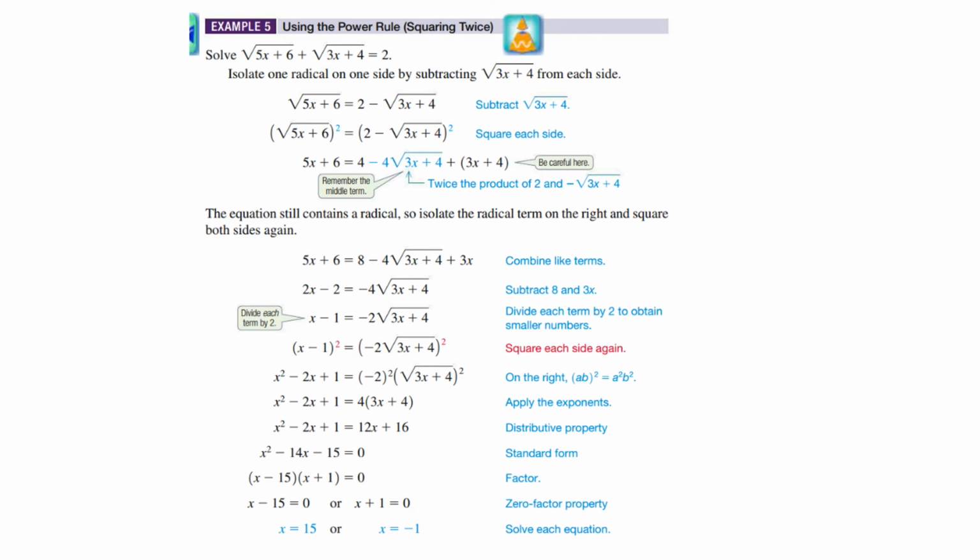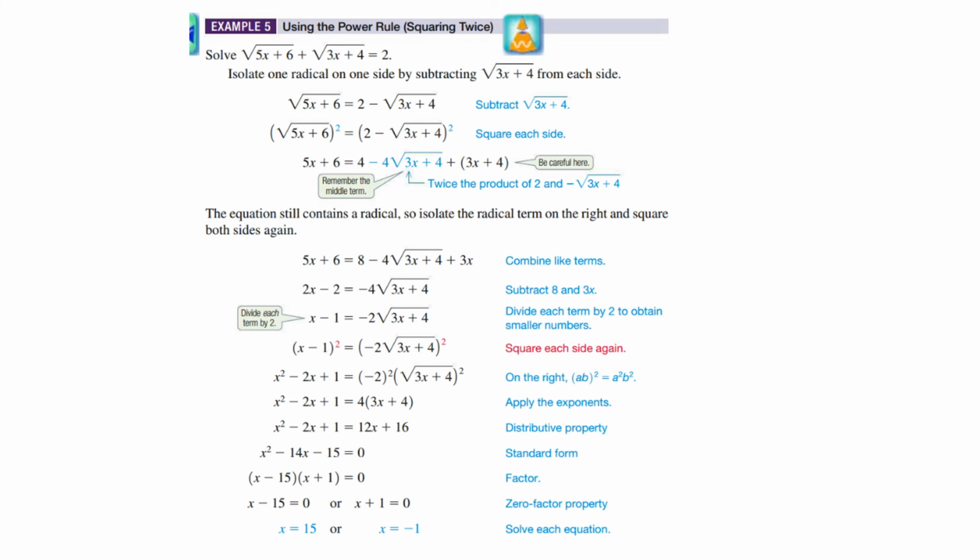Now we're going to square both sides. Squaring the right-hand side, I will get the square of 2 minus the square root of 3x plus 4. So when I expand that, I will get 4 minus 4 times the square root of 3x plus 4 plus 3x plus 4. When I square what was the left-hand side, I will just get 5x plus 6.